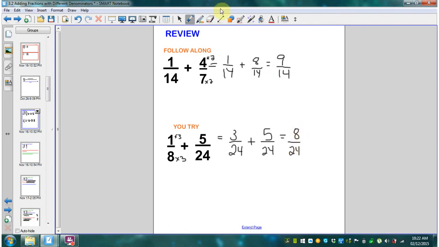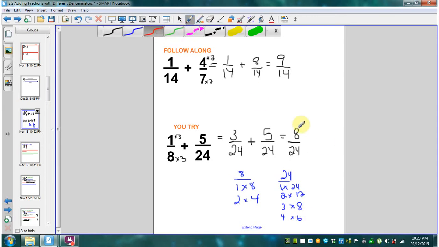Okay, so if you still need to, you can come on down and find your factors. So factors of 8 are 1 times 8, 2 times 4. Factors of 24: 1 times 24, 2 times 12, 3 times 8, and 4 times 6.